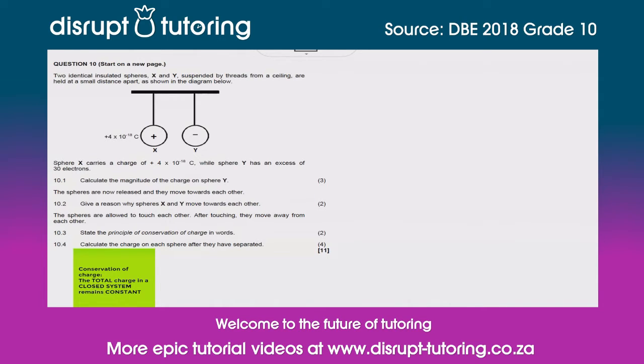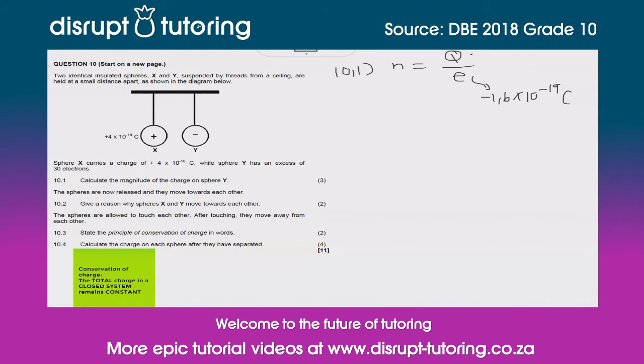Great, so the first formula that comes to mind here is the following. It says n is equal to Q over e. So we know that e is the charge on an electron, which is minus 1.6 times 10 to the minus 19 coulombs.